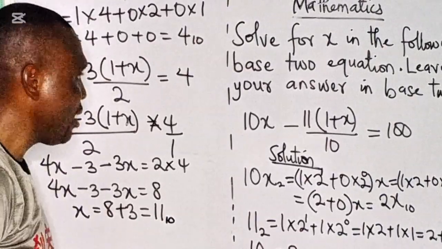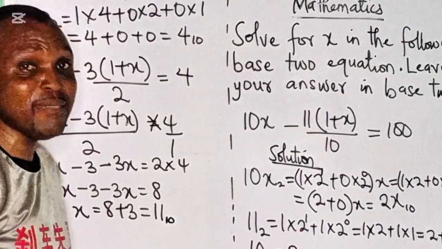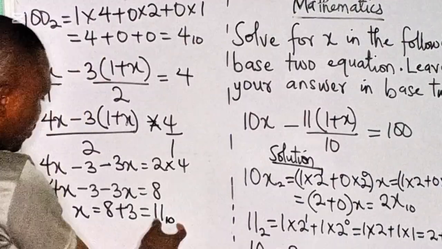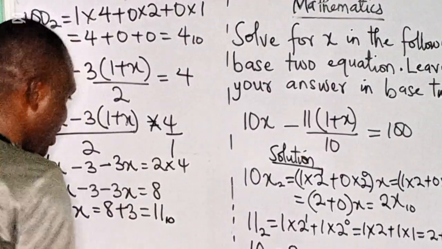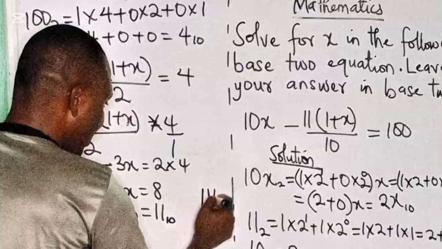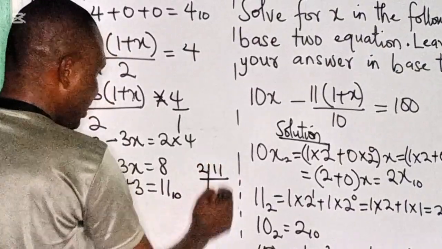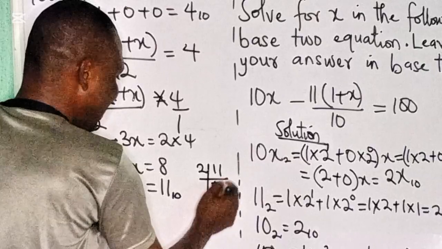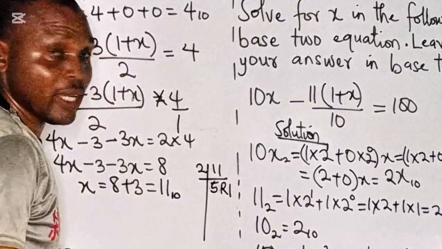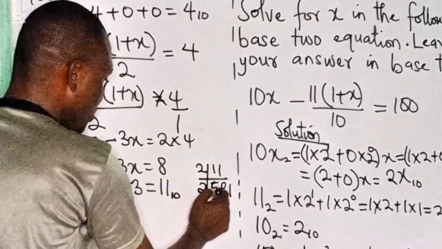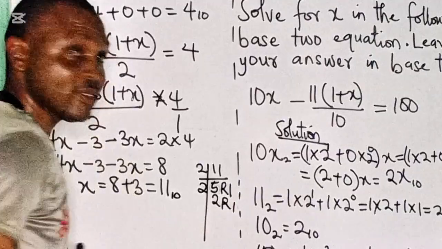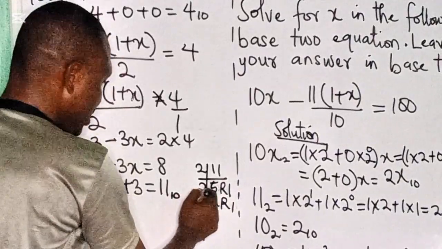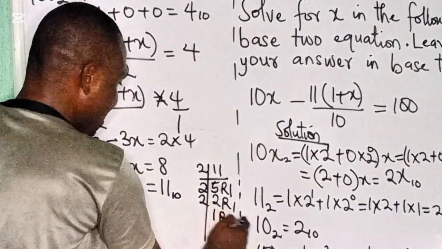Remember, it is in base 10, but we are asked to leave our answer in base 2. Now, how do we get our answer in base 2? You can come somewhere here and write 11. 2 in 11 gives us 5 remainder 1. 2 in 5 is 2 remainder 1. Then 2 in 2 is 1 remainder 0.